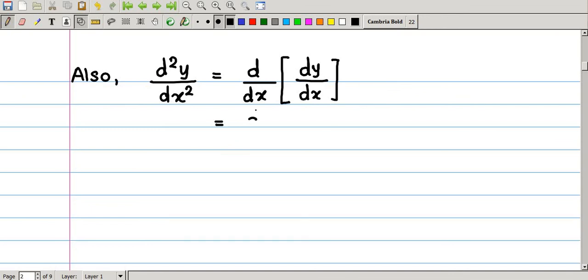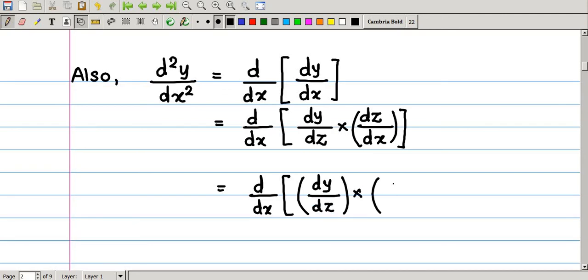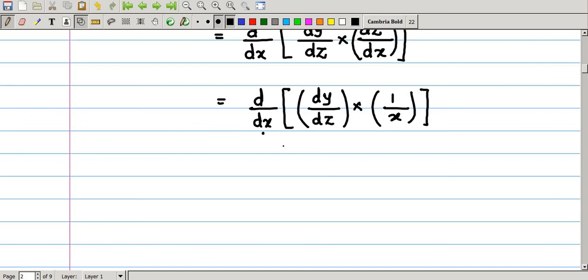Since from above calculations we can rewrite dy by dx as derivative of y with respect to z into derivative of z with respect to x, we can substitute derivative of z with respect to x. So it is equal to first derivative of y with respect to z as it is, and value for dz by dx is 1 upon x.